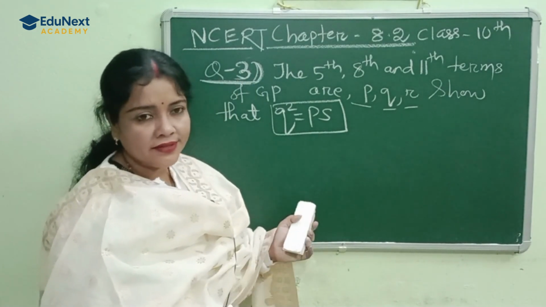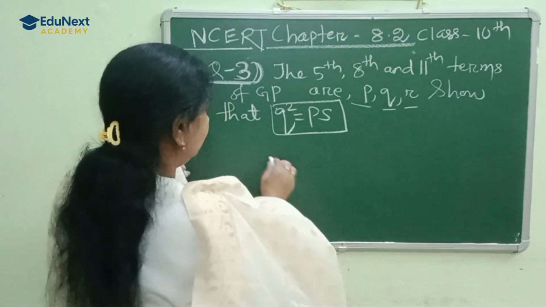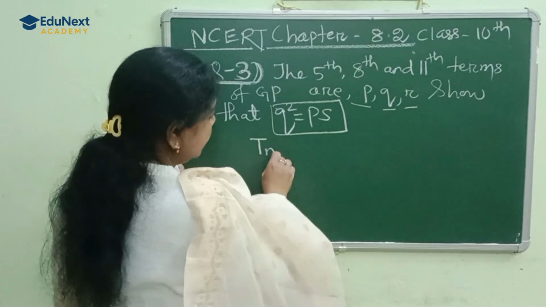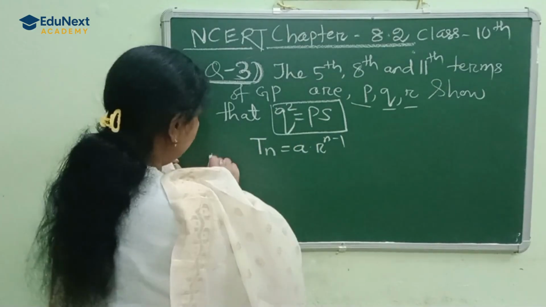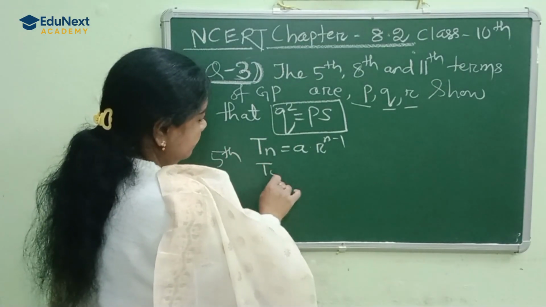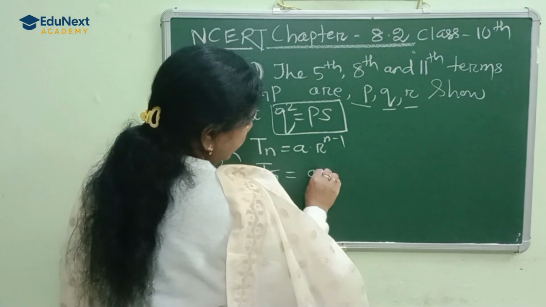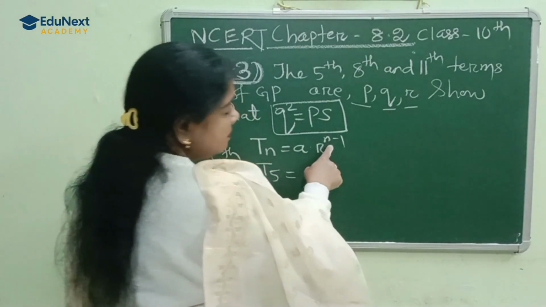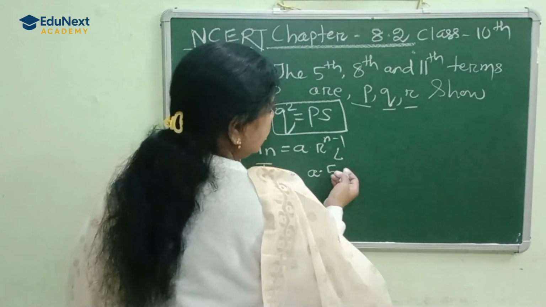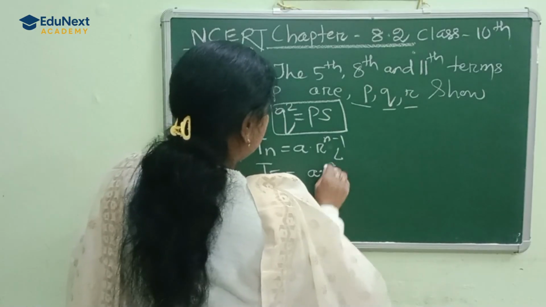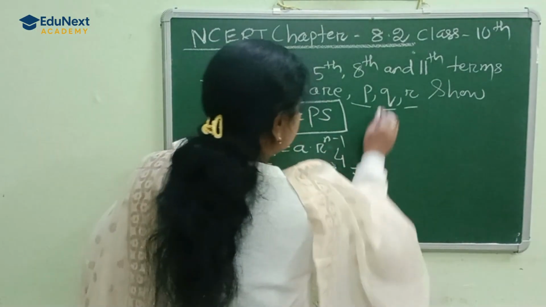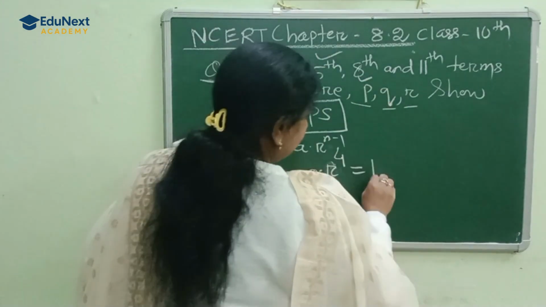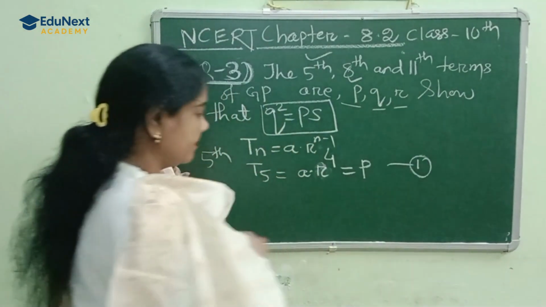Not so difficult. Okay. So we know that Tn is equal to a into r to the power n minus 1. So for the 5th term, T5 is equal to a into r to the power 5 minus 1, that is r to the power 4. Now this is given, the 5th term is given as P, equation 1.